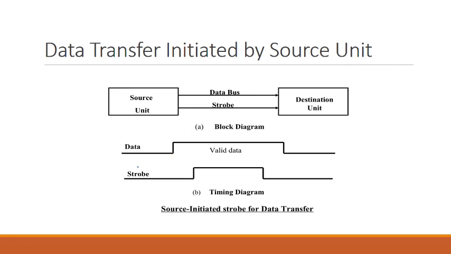This is the block diagram of the data transfer initiated by the source unit. You can see in the timing diagram that at first the data is sent, then the strobe signal is initiated, and after that the strobe signal ends, and after that the data transfer is finished.